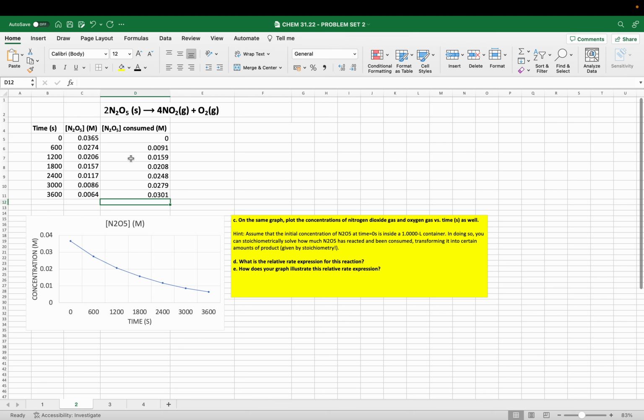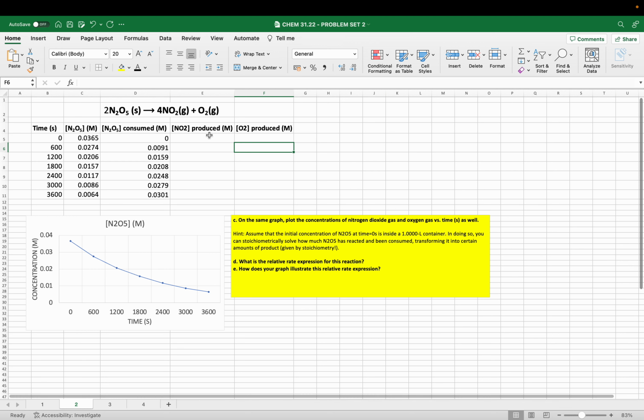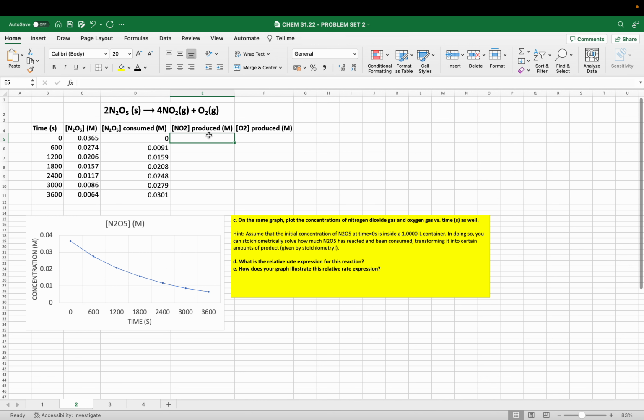The amount of N2O5 consumed can then be stoichiometrically converted into the amounts of NO2 and O2 produced. So we're going to create 2 columns, amount of NO2 produced and amount of O2 produced. To solve for that, we are simply going to use the stoichiometric ratios given the moles of N2O5 consumed.